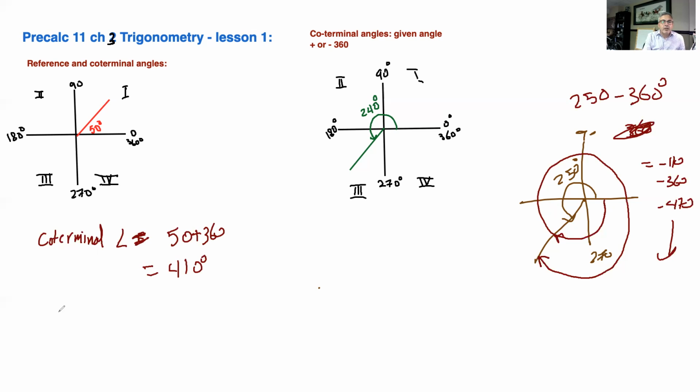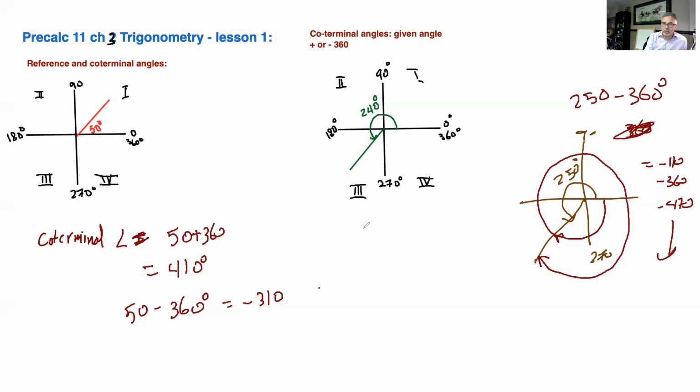The negative coterminal angle would be 50 minus 360 degrees, and that would be negative 310. Also, if I want to find more, I could just add 360 to this one, subtract 360 from this one, and continue. You'll be able to find as many as you want.